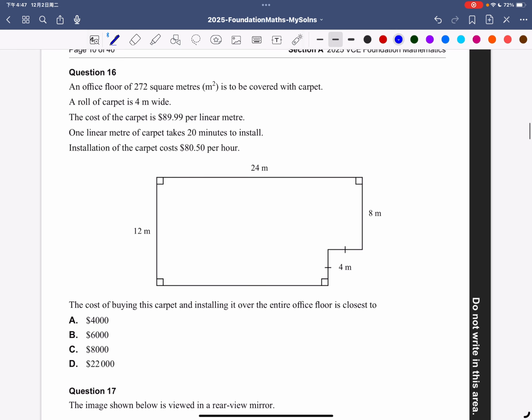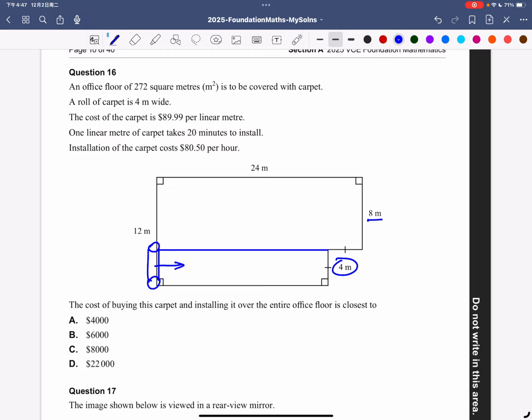Question 16. An office floor of 272 square meters is to be covered with carpet. A row of the carpet is 4 meters wide. Okay, 4 meters wide. Do you notice this 4 here? So if I want to install the carpet, I can put a smaller or shorter row here and get it rolling this way, okay?